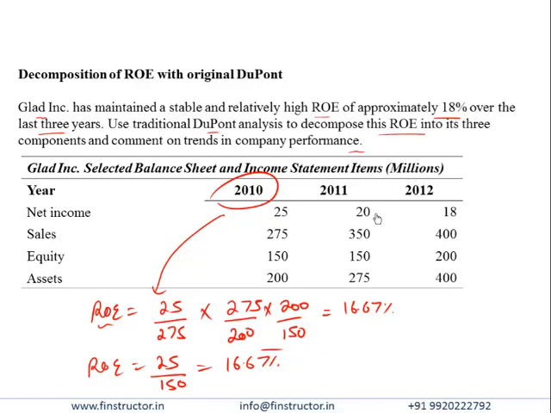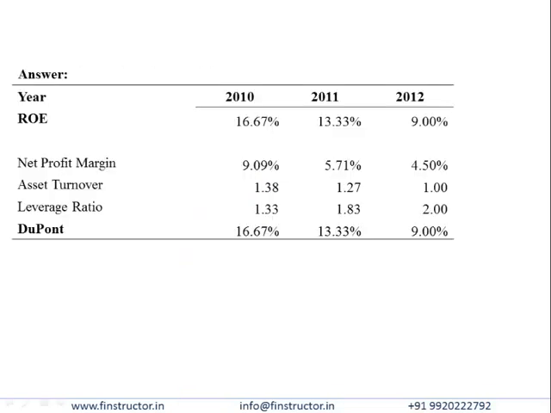So similarly, we can break up the ROEs for 2011 and 2012 and derive that for 2010, the 16.67% was a product of a 9% net margin, a 1.38 times asset turnover, and a leverage ratio of 1.33. Likewise, for 2011, we can see that the ROE of 13.33% can be broken up as net margin of 5.71% multiplied by a turnover ratio of 1.27 and a leverage ratio of 1.83.